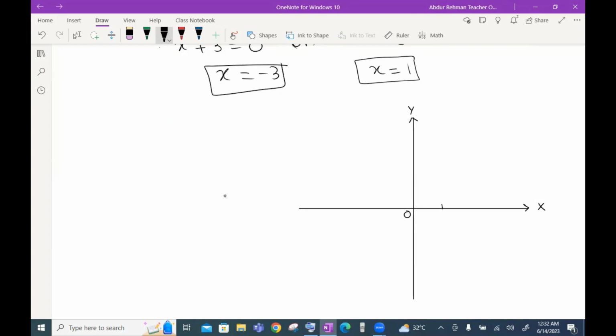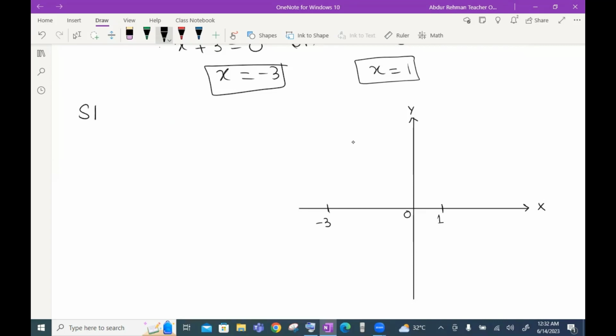Suppose this is 1, and there's minus 3 here. The line of symmetry is passing through the midpoint of minus 3 and 1, which will be minus 1.